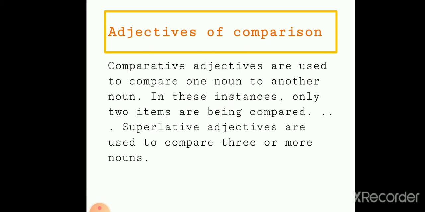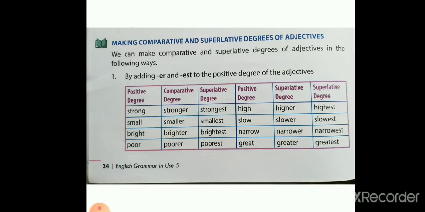So, when we are identifying one adjective, children, that becomes the positive degree. And when we are trying to compare two things, that is the comparative degree. And when we are trying to compare three things or more than three, that becomes the superlative degree of comparison. Now let us start with the textbook, page number 34.